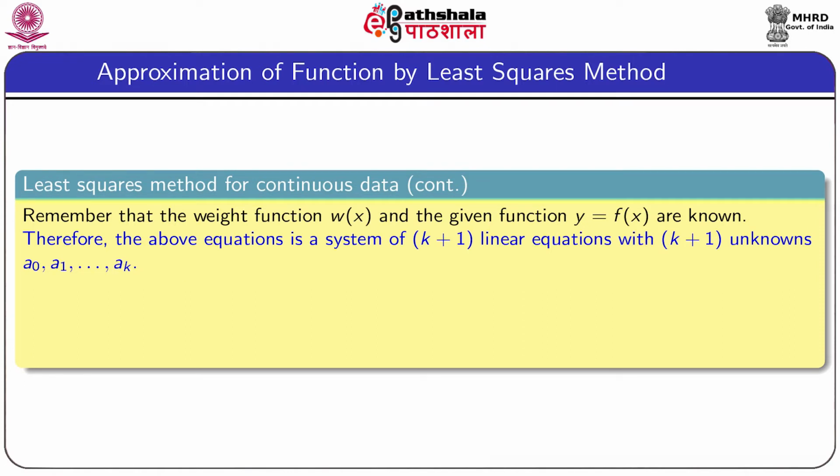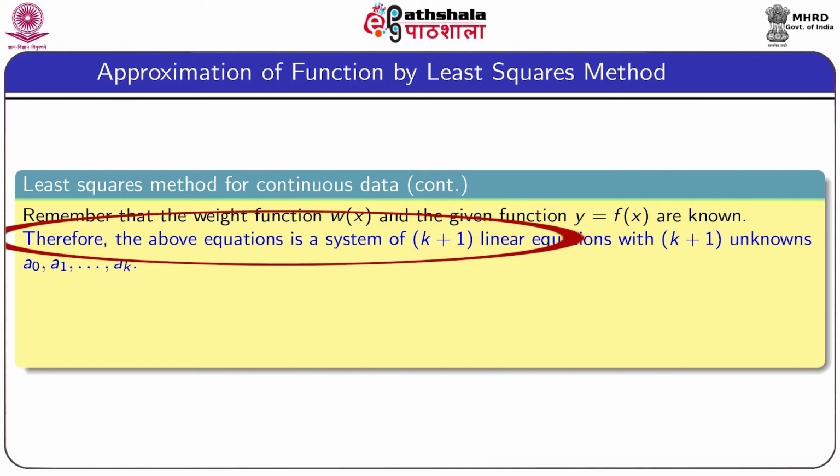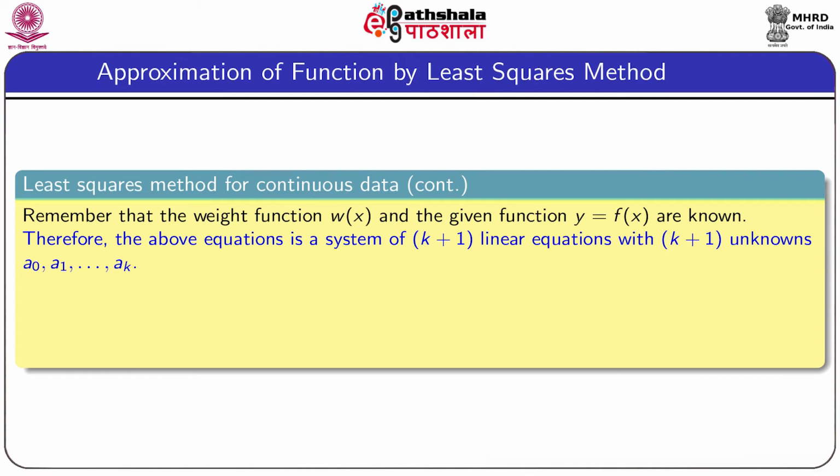Remember that the weight function w(x) and the function y equal to f(x) are known because these two functions are given for this approximation. Hence, the above equations are a system of k plus 1 linear equations containing k plus 1 unknowns a0, a1 up to ak.